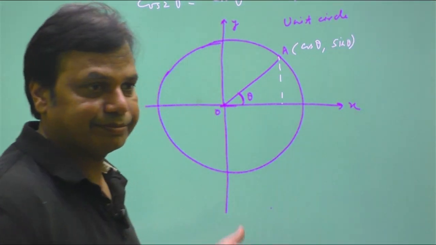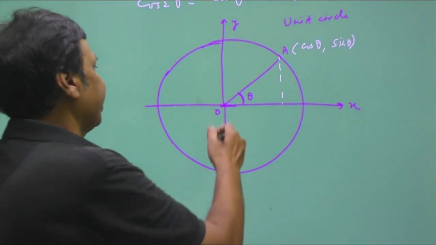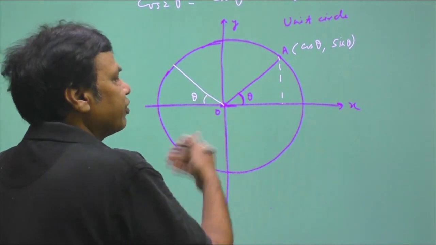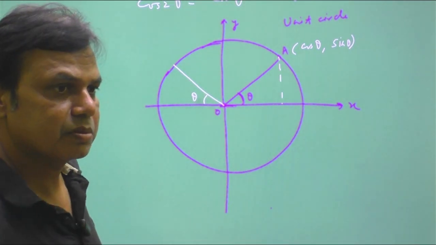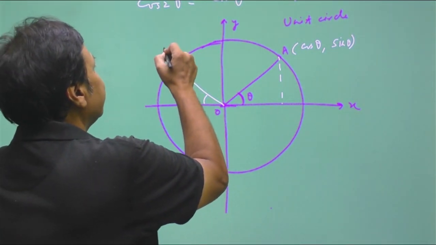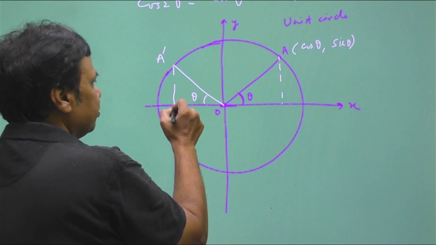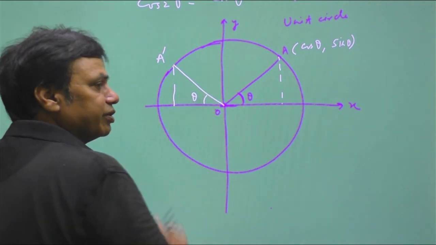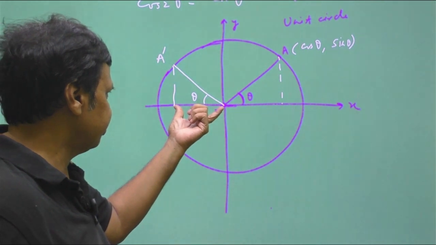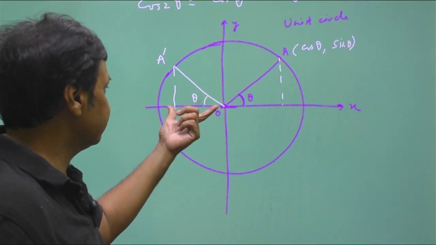So, let's take an angle here. This angle. And try to write the coordinates of point A dash here. Again, this length is, what can I say, OA dash cos theta.